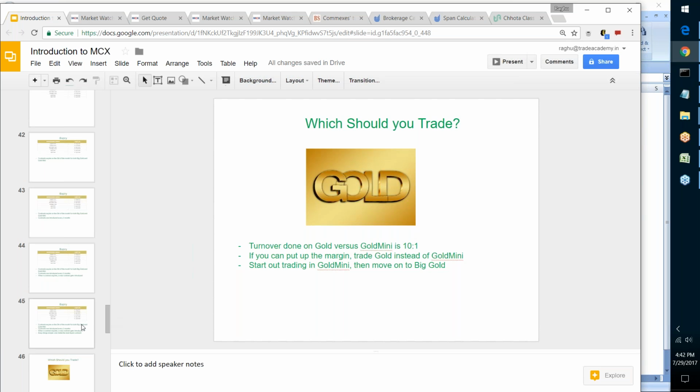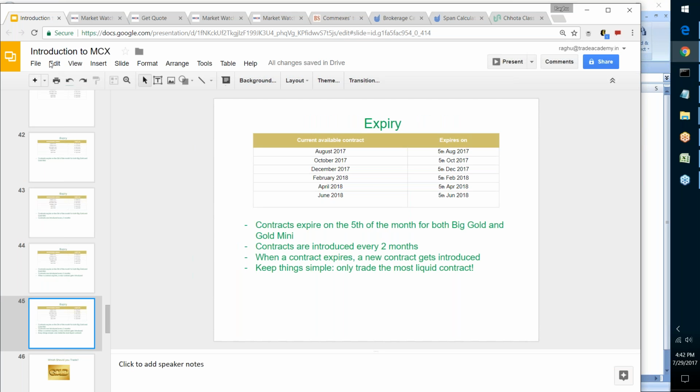All right. Guru Darshan is asking me to explain expiry. So expiry is very simple, Guru. On equity futures, it happens every month, and on commodities, every 2 months. For equity FNO, it happens on the last Thursday, and here it happens on the 5th.